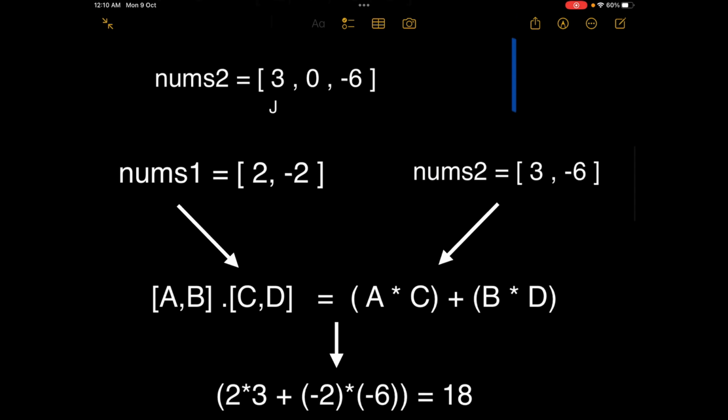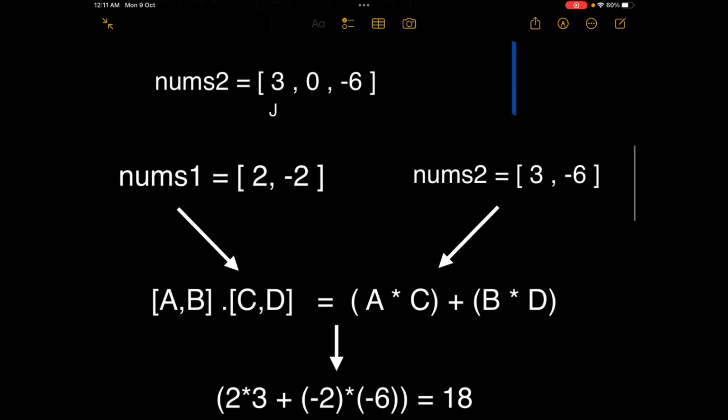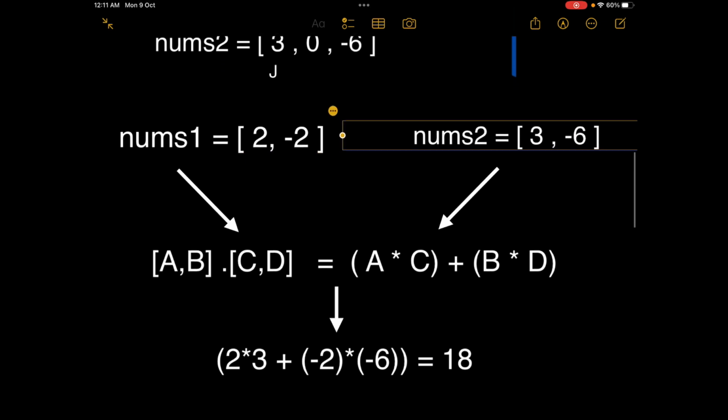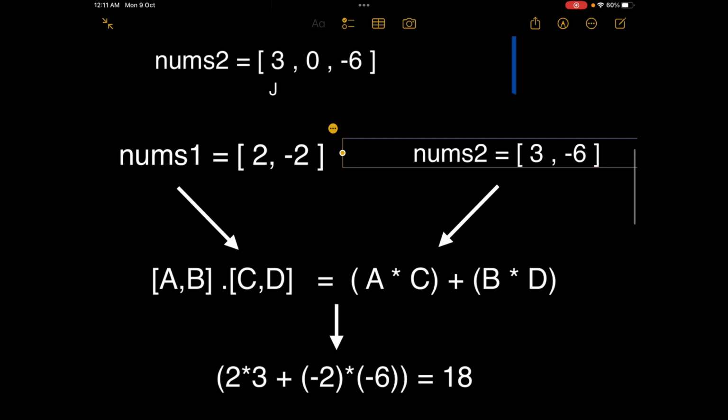We created a subsequence of nums1 and nums2 like this, and then we apply the formula for dot product.